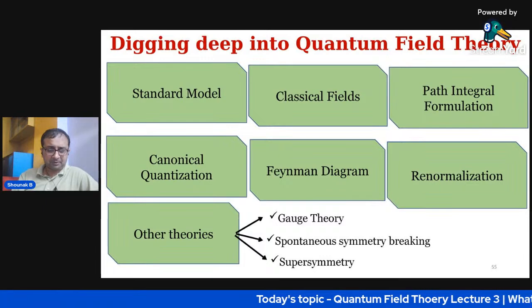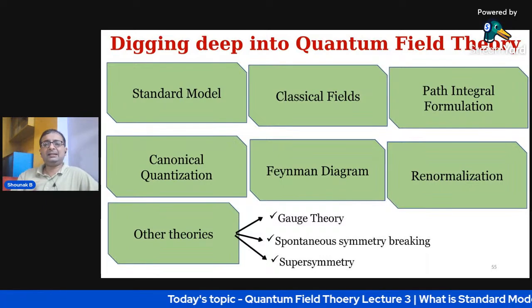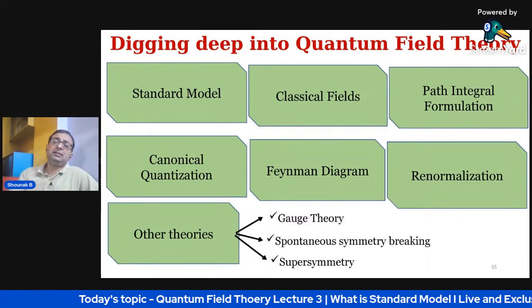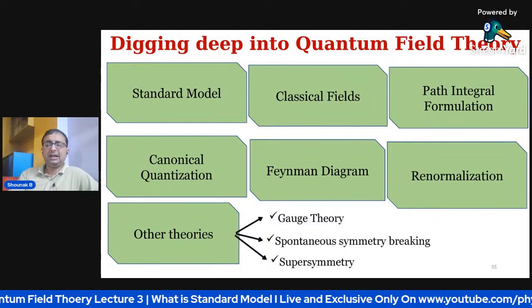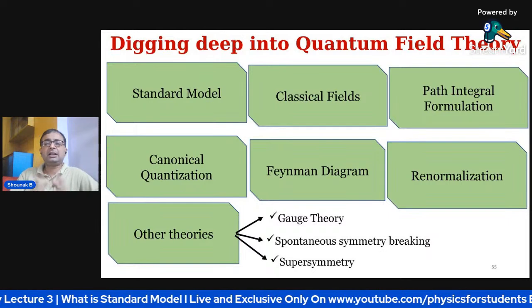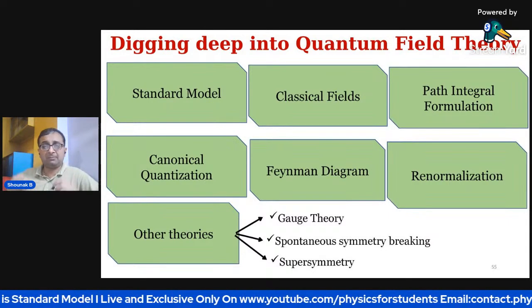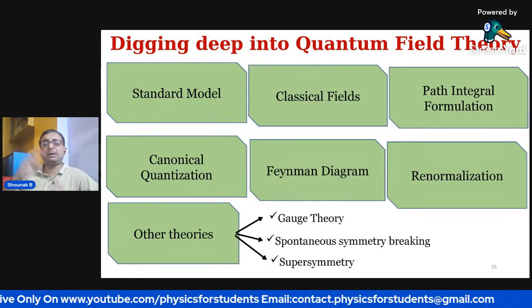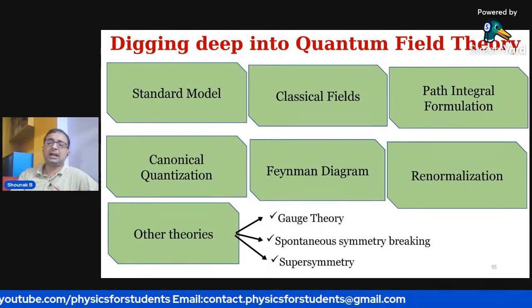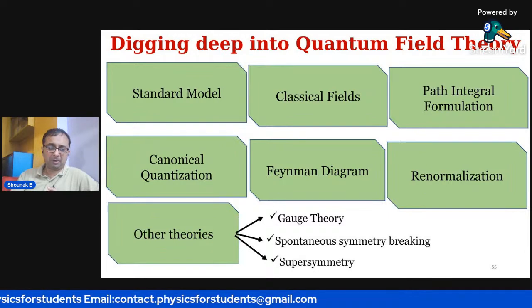The basic idea is that these inventions resulted in a remarkable insight into the fundamental nature: everything in the universe is made up of a few basic building blocks, the fundamental particles governed by four fundamental forces, and you know what those forces are.